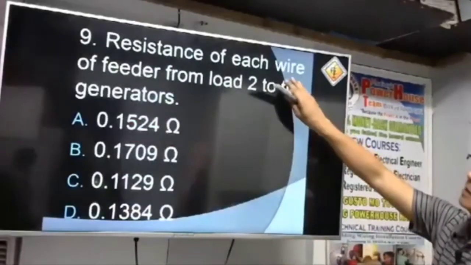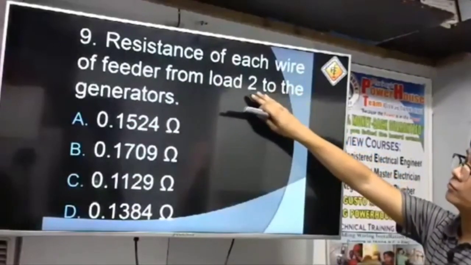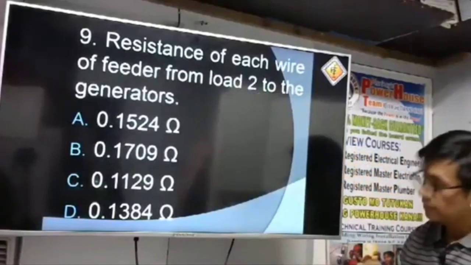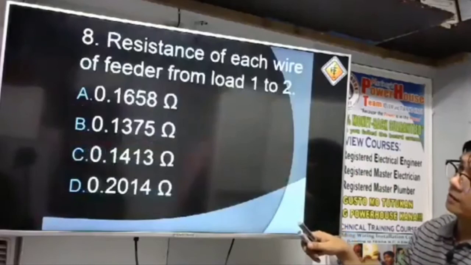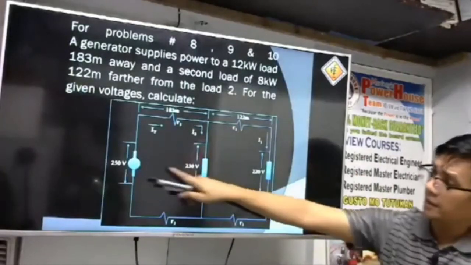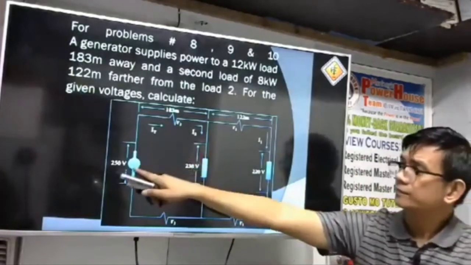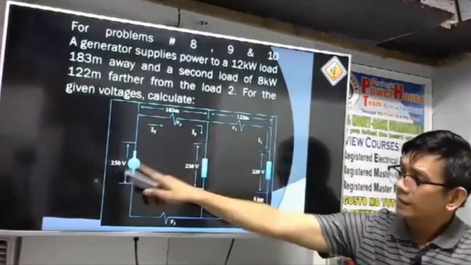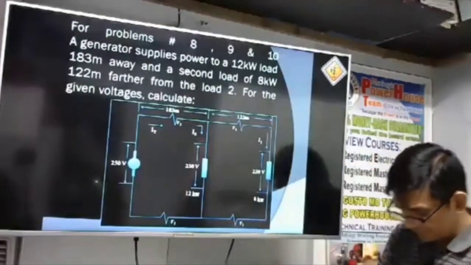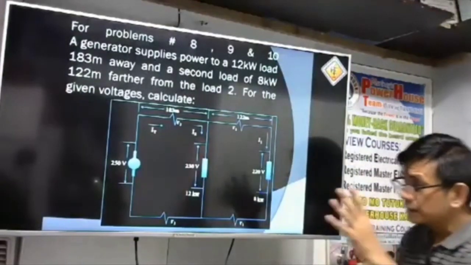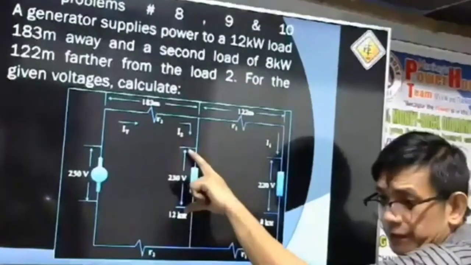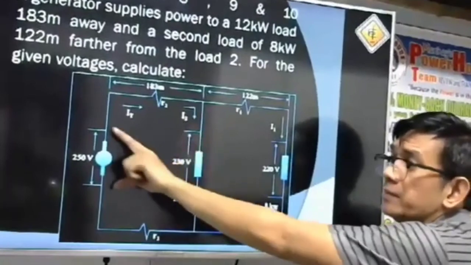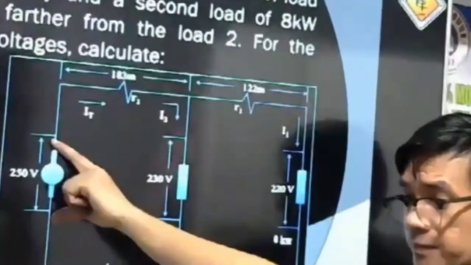Let us solve number 9: the resistance of each wire of the feeder from load 2 to the generator. So from load 2 to the generator, let us have our working equation. Take a look here. We have 230 volts here, and we have 250 volts, which is our source.